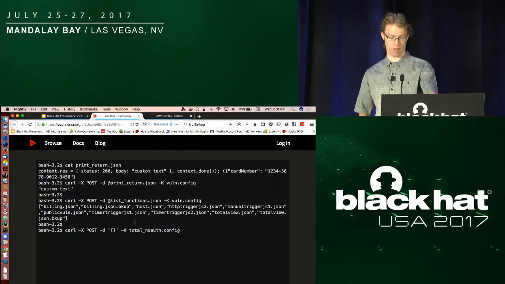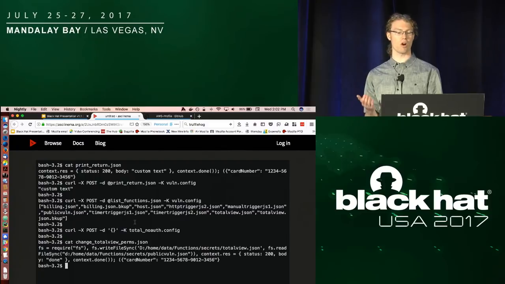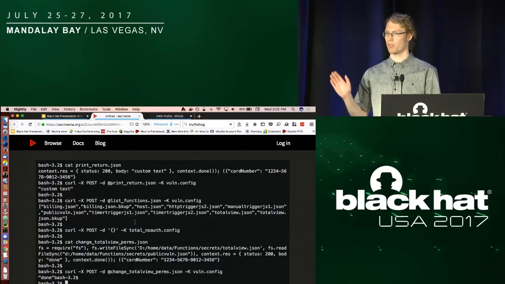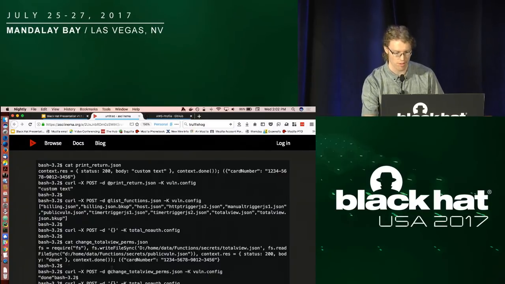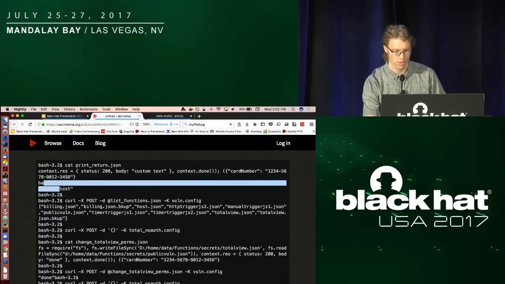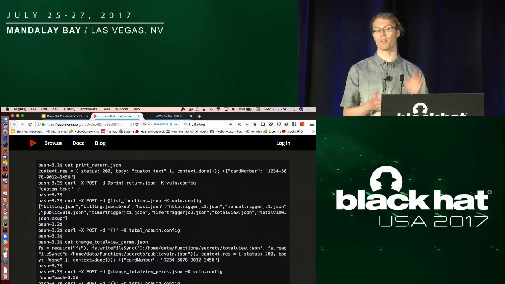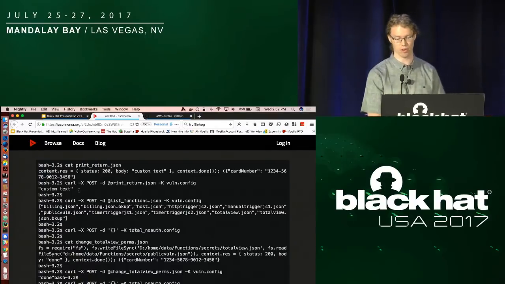So with this arbitrary JavaScript that we have at the beginning, you can see we're able to populate the context object with whatever we want to return and call context done. And then the rest of the program just gets ignored, and we get our custom text returned here. And then this is also going to be generating one of those warning log statements that I touched on earlier.